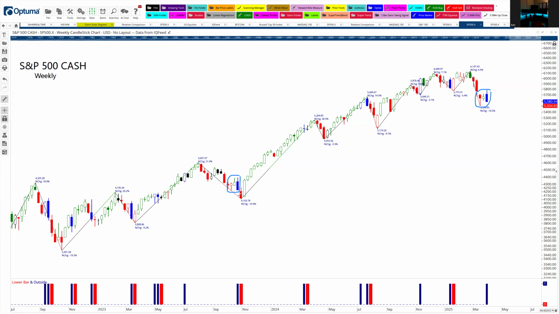The next one here was lower, and then we made a full reversal back to the upside. So to me, if I have to call, I think we're gonna make a low tomorrow. It's already done on Monday. Okay. We just might come down and hit this area real hard next week.